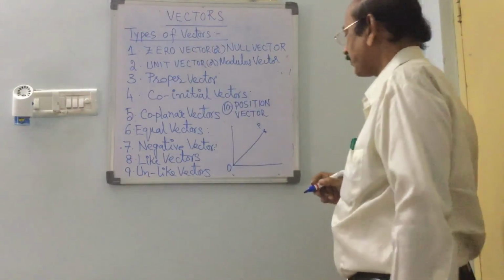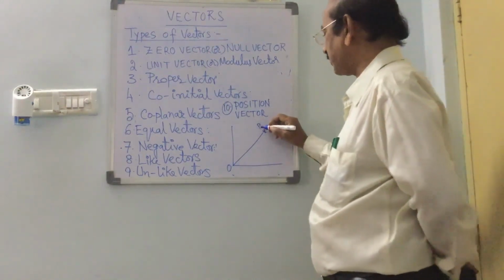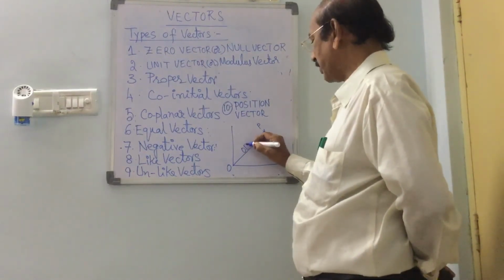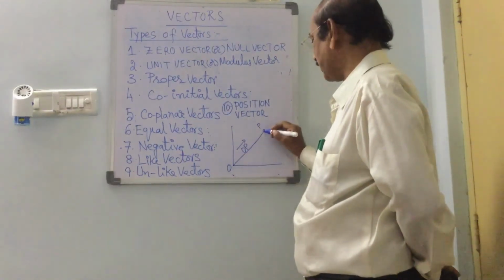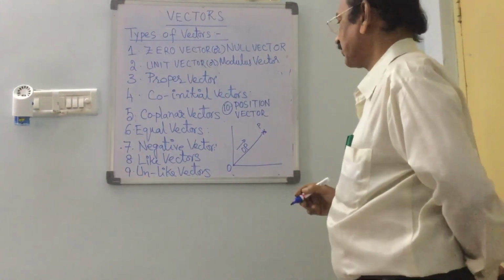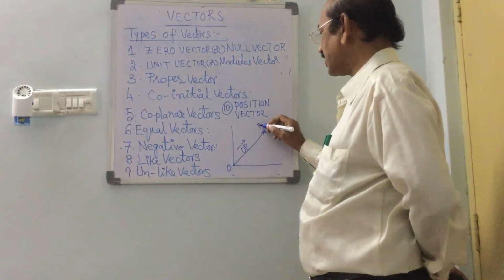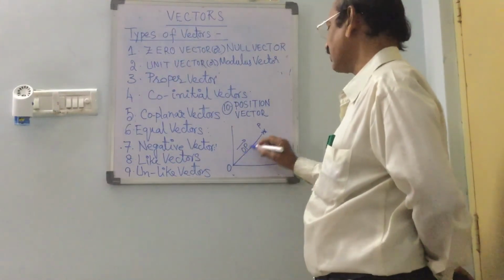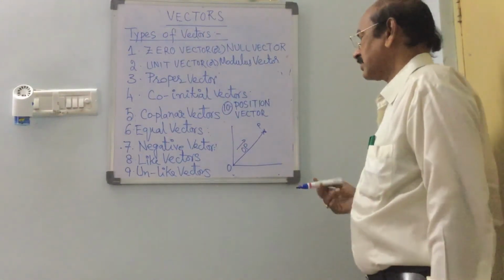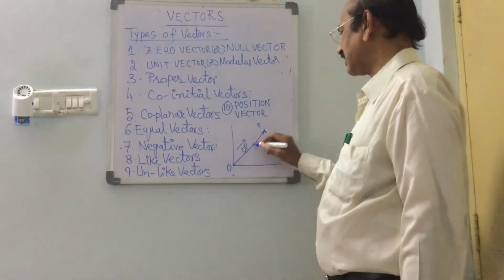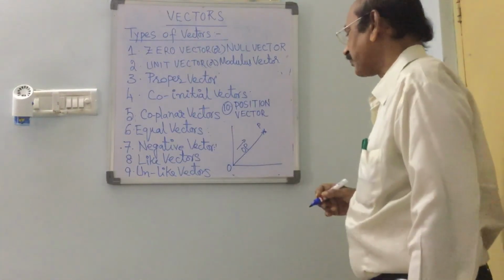Now the position of this point P is represented by the vector OP bar when we join O and P and putting arrow mark like this. So the position of the point P is represented by this position vector OP bar, and this is from the origin O, at the distance OP.